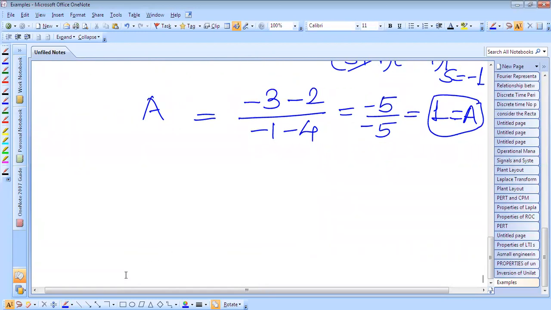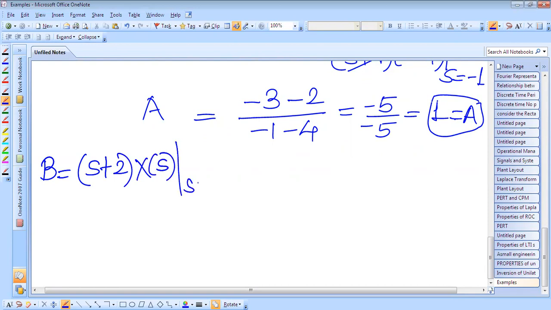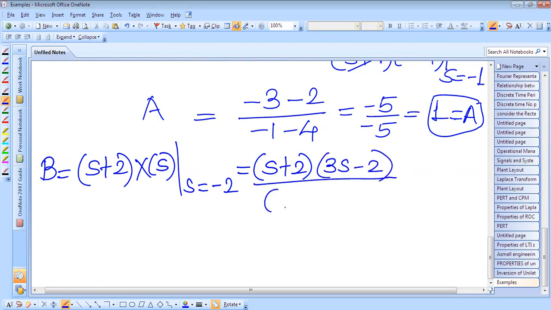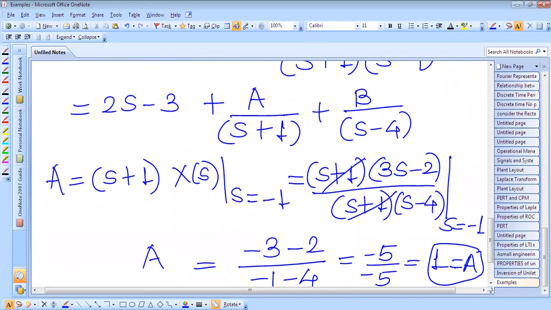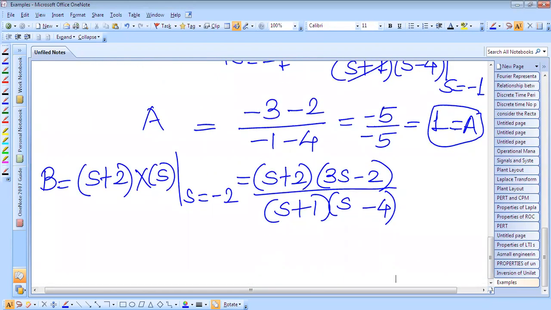Next we have to find the coefficient B. The coefficient B is found as s minus 4 into X of s at s equal to 4, where X of s is 3s minus 2 divided by s plus 1 times s minus 4.